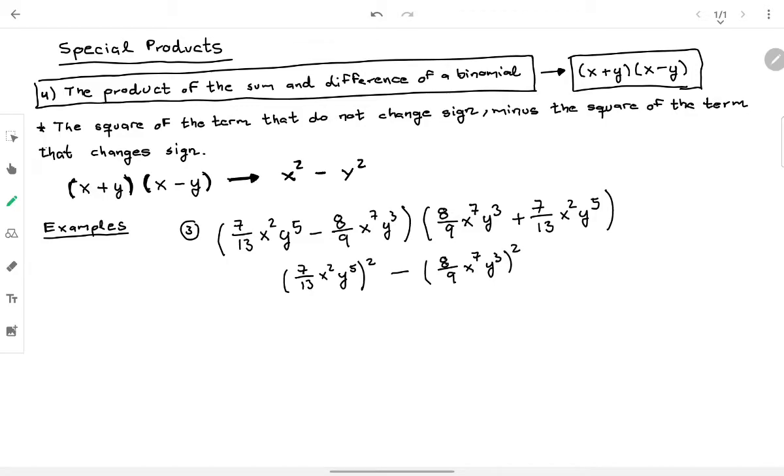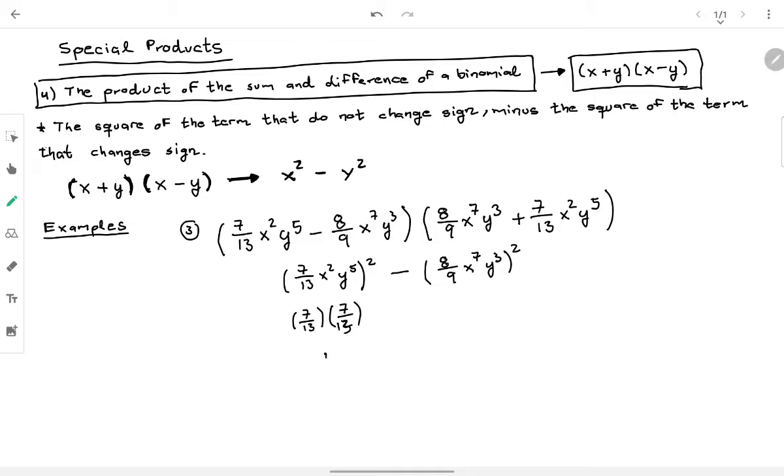So the final answer is going to be, remember, when doing a fraction squared, it's like multiplying the top part by the top part, the bottom part by the bottom part, or numerator by numerator, denominator by denominator.